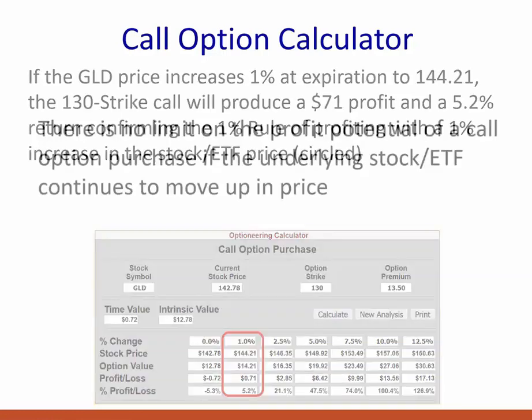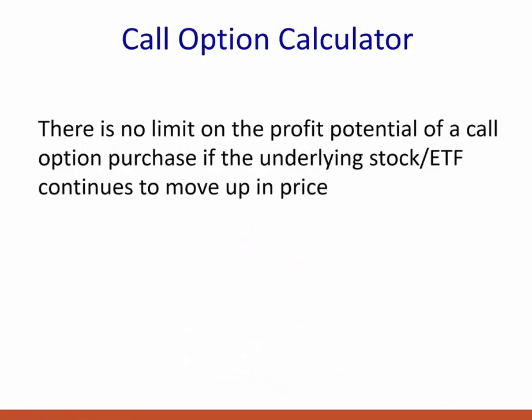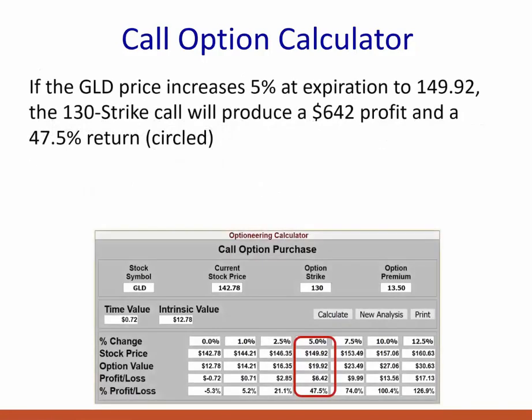Now, there's no limit on the profit potential of a call option purchase if the underlying stock or ETF continues to move up in price. So there's no limit on the profit potential. If GLD moves up 5%, we'll realize a $642 profit and a 47.5% return before commissions.